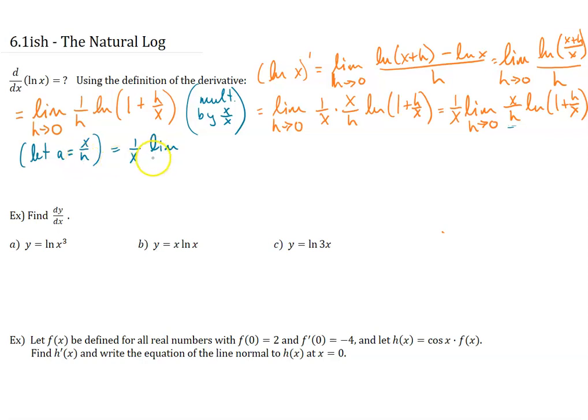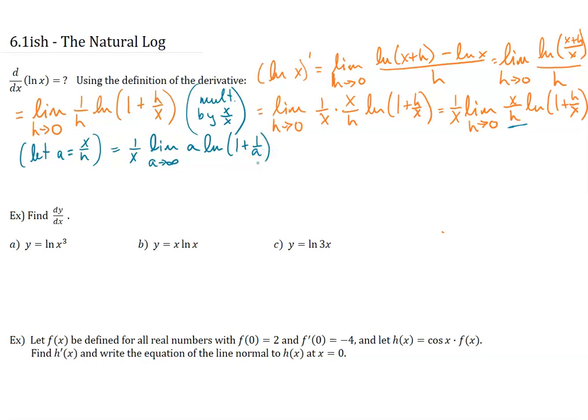So I'm going to put this as a approaching infinity. Okay, and then this piece right here, the x over h, is equal to a. So we have an a as a coefficient right here, and then we have times the natural log of 1 plus, and then h over x is the reciprocal of a. So this becomes 1 over a.